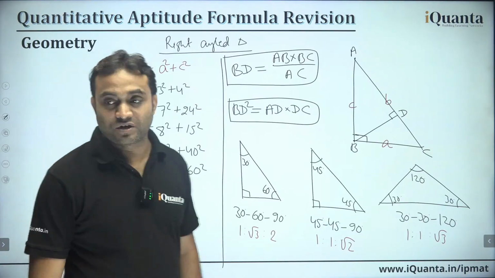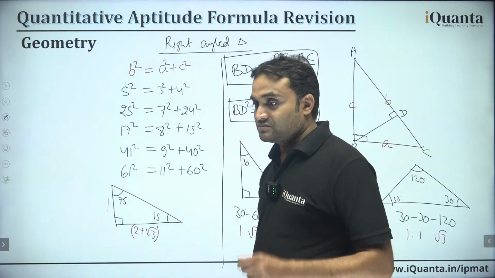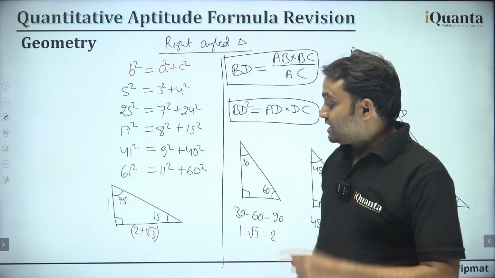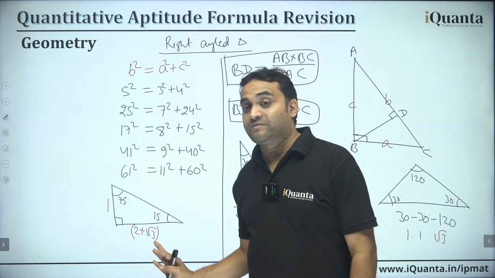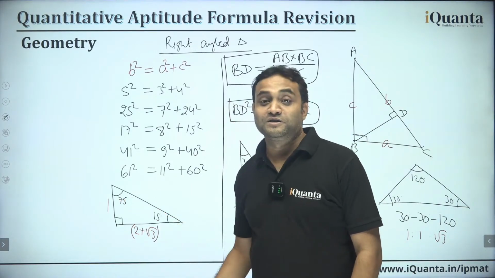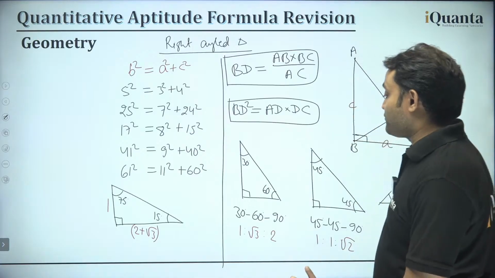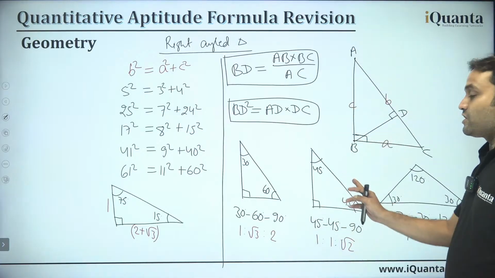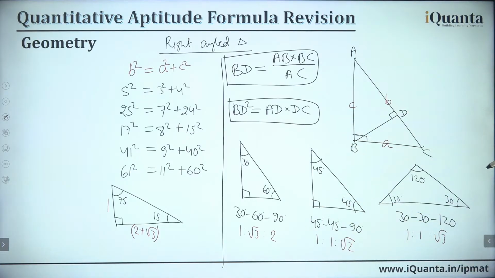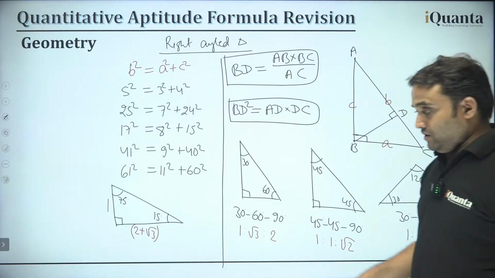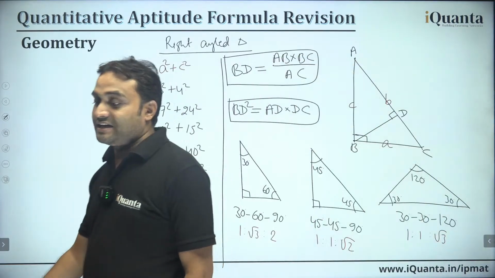And using Pythagoras we can find the third one. If the triangle is 15, 75, 90 degree, then this will be the side ratio. So now you have four triangles: 30, 60, 90; 45, 45, 90; 30, 30, 120; and 15, 75, 90 degree triangles.